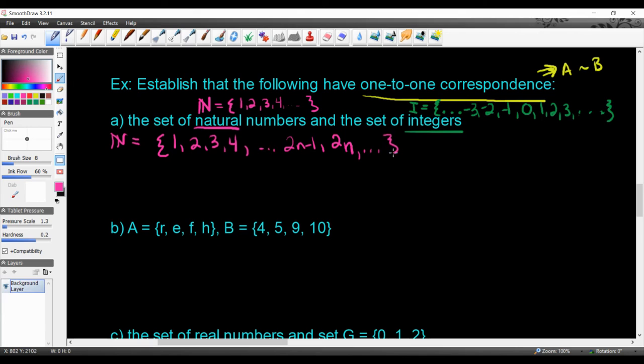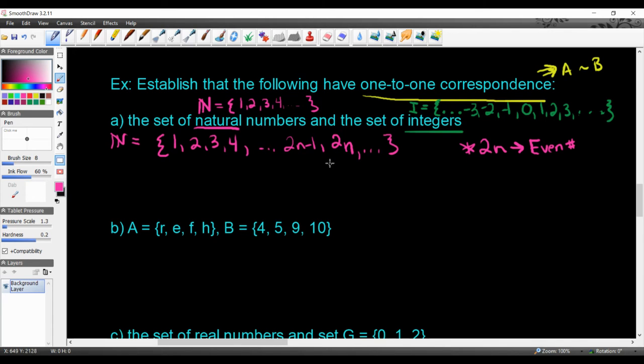Okay. So just before, I know that this part probably confused you. 2n, we'll put a note right here. 2n is going to be all of our even numbers. In other words, at some point we get to some even number.